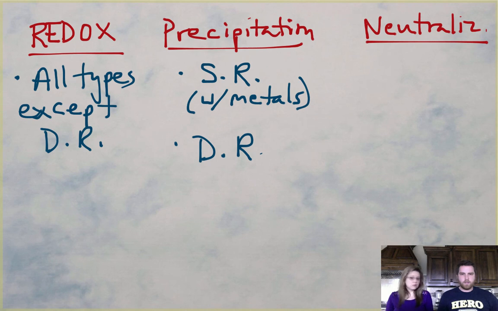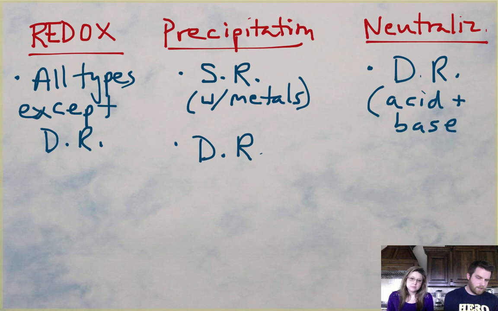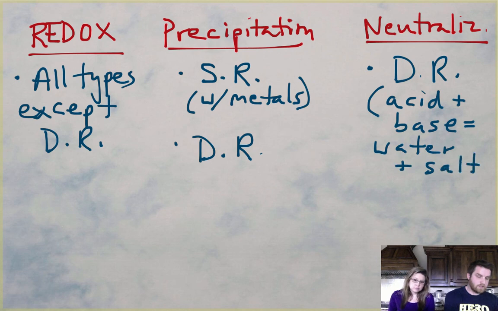And acid-base neutralization is a specialized type of double replacement. They are double replacement reactions with an acid plus a base that produce water plus a salt. So I'll say acid plus base equals water plus salt. A salt, not NaCl always, but a salt.